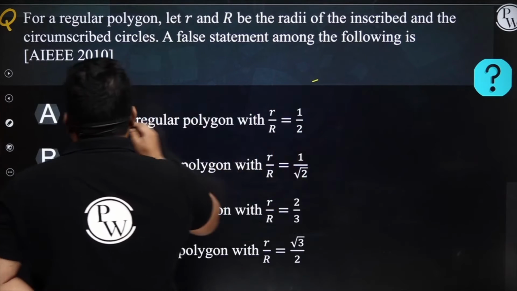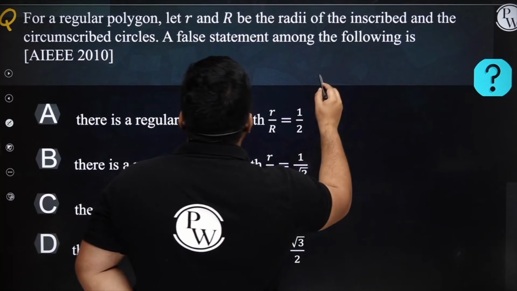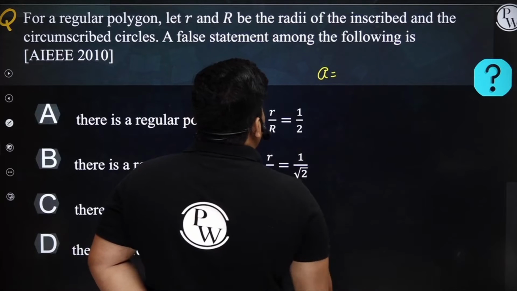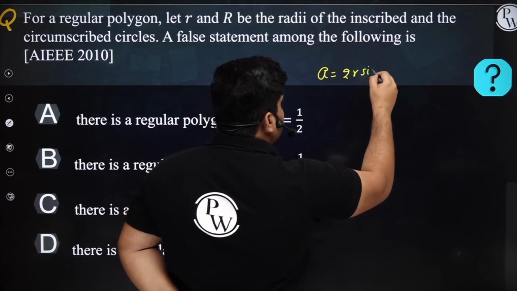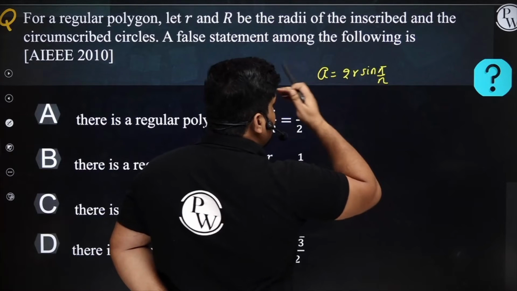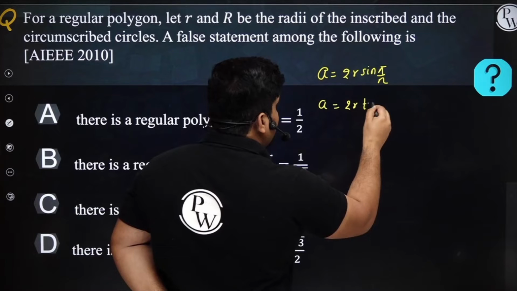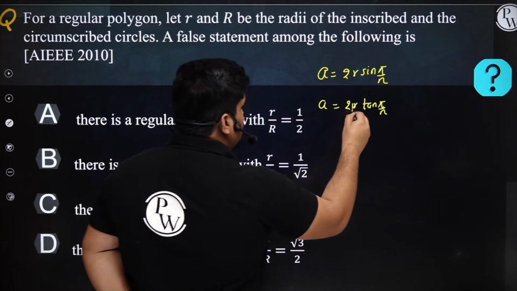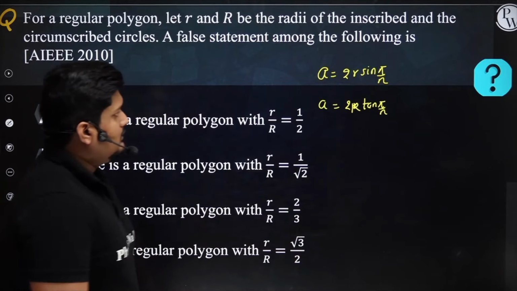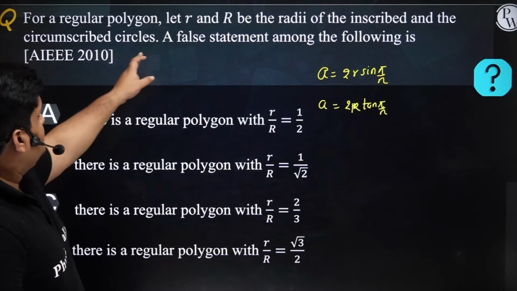So what used to be that length a? Length a is equal to 2r tan pi by n for inscribed, and for circumscribed it was 2R sine pi by n. Inscribed is small r and circumscribed is R.